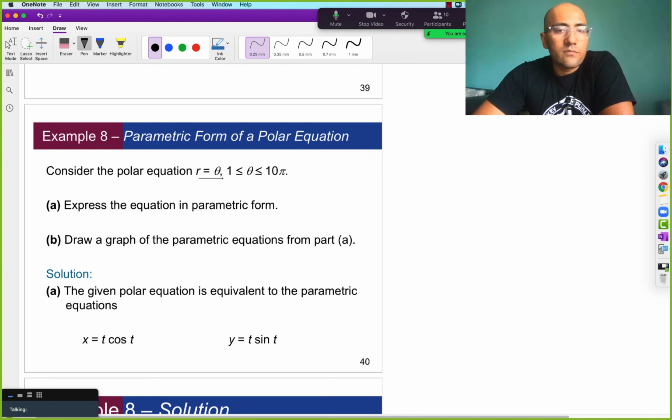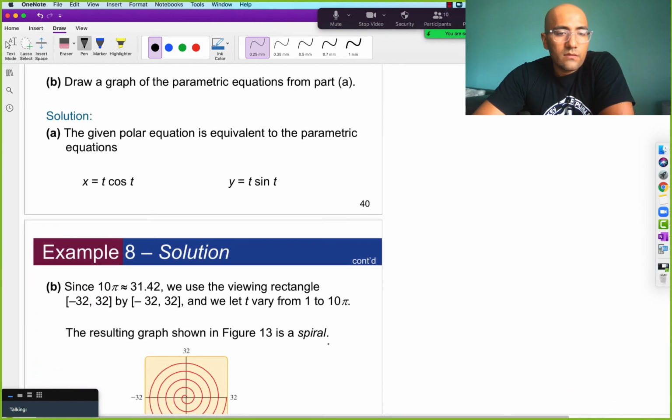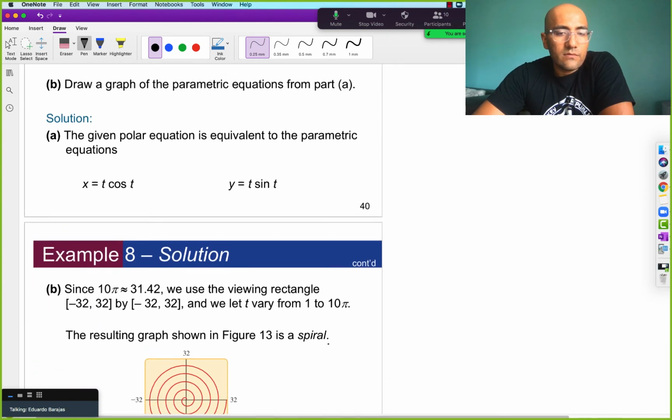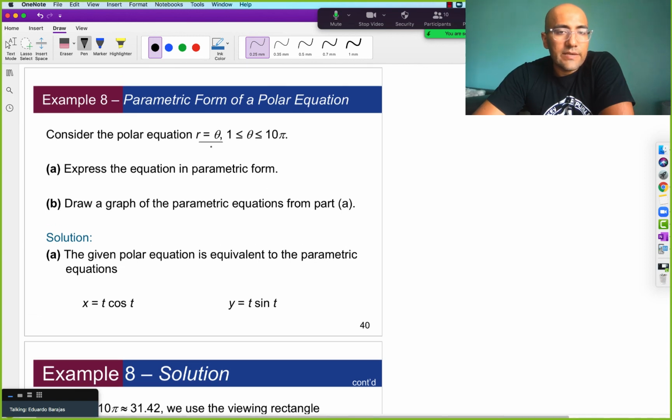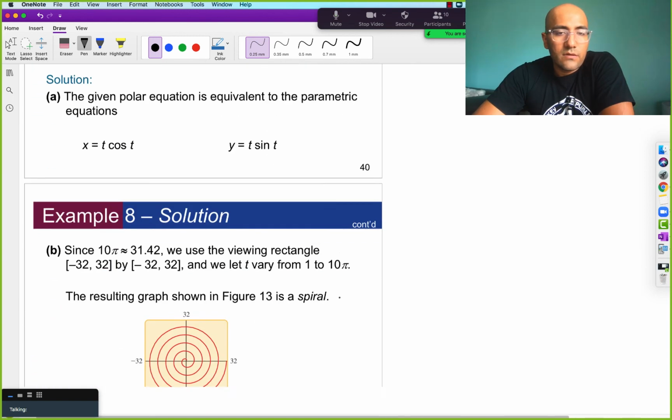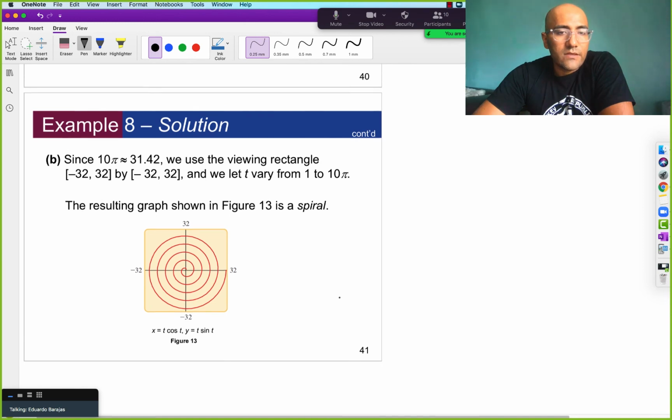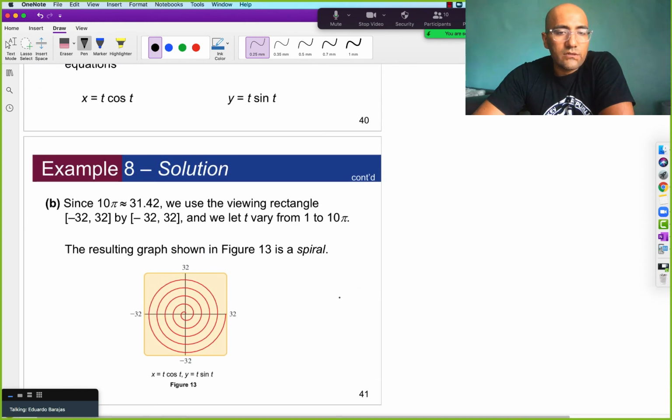Consider the polar equation r equals theta. So we'll express the equation in parametric form. So part A, x equals t cosine of t, and y equals t sine of t. And then we can graph them. So it ends up being a spiral. It looks like this. So just use technology to graph them.